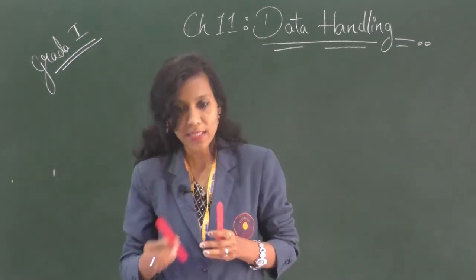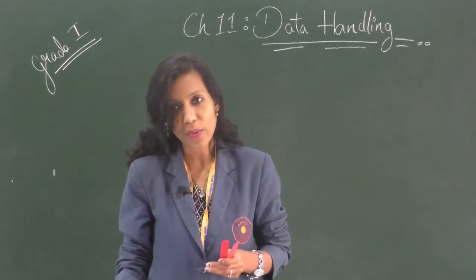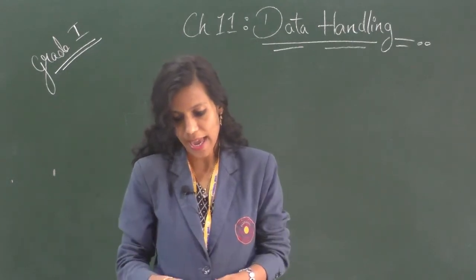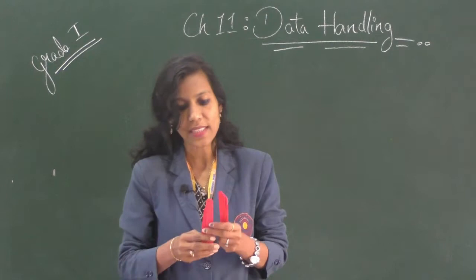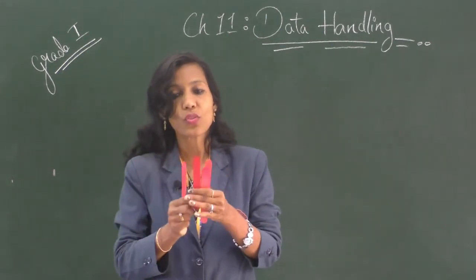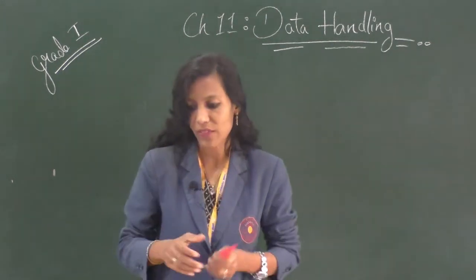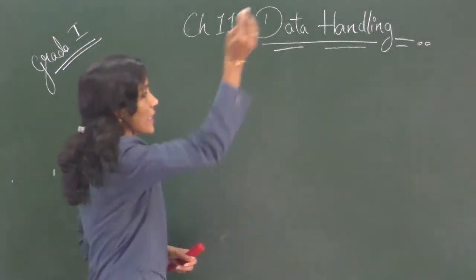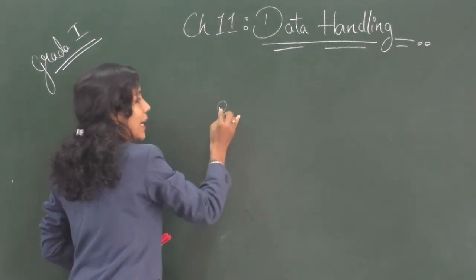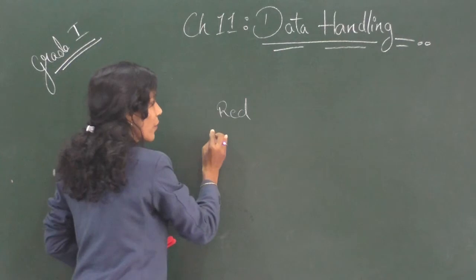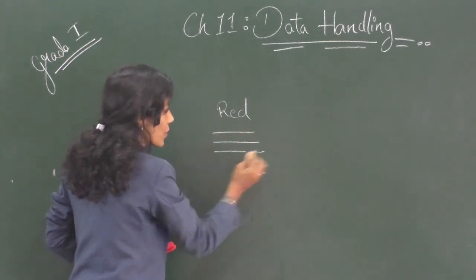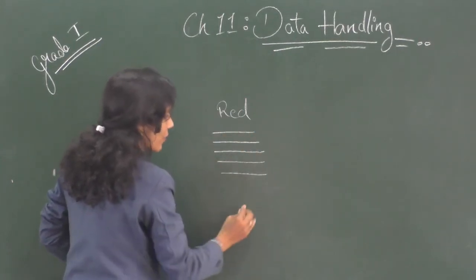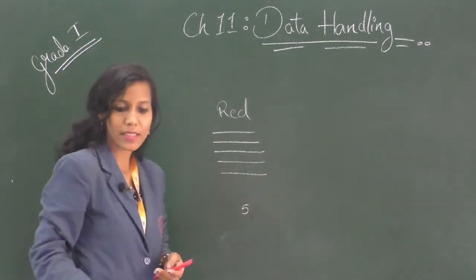We'll see how many sticks we have under red here. So I have, you can see 1, 2, 3, 4 and 5. So we'll write here, we are making a table now. Under red, we have 5 sticks.